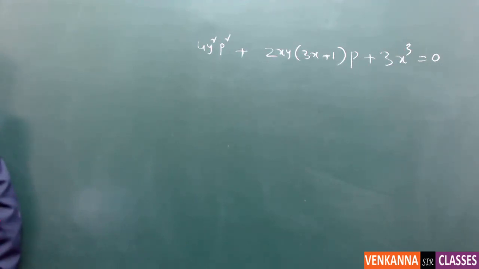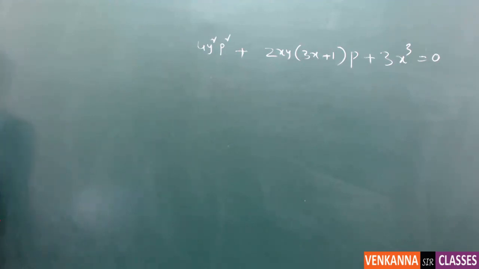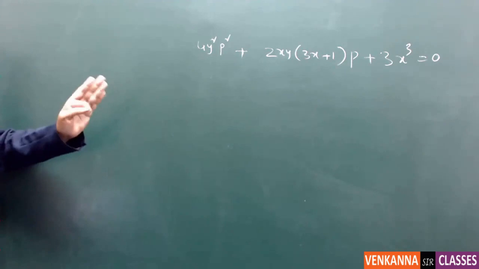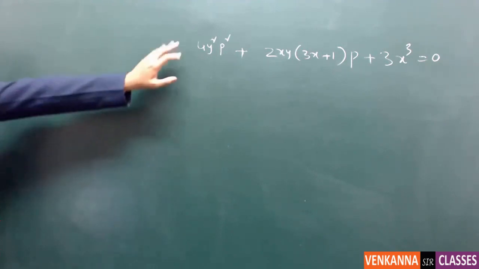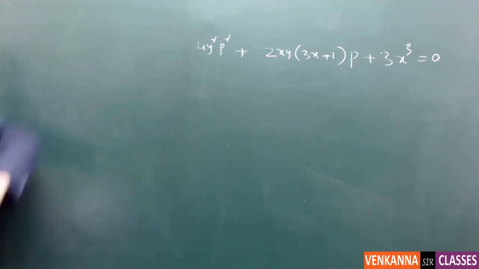However, some equations will not contain x and y in total, but in such cases we always go with the power of p, what it is containing actually. So in some cases we can say that it is a trial and error method. First we start with whether it is factorized with respect to p or not. If it is not possible, then only we go with the other methods in general.